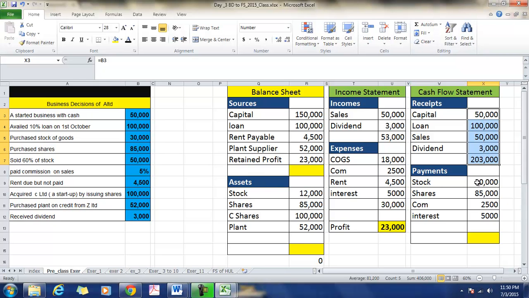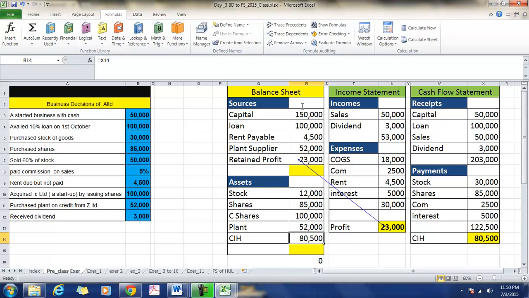Now we'll find the cash in hand. Cash in hand is equal to cash inflow minus the cash outflow, and that is 203,000 minus 122,000. So therefore cash is an asset, will be transferred to the balance sheet as the cash in hand. Cash in hand is 80,500. So two important items, the profit and the cash, are derived by preparing the income statement and cash flow statement.